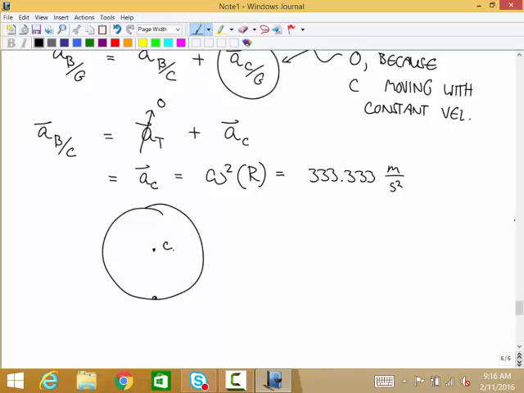There's the center. What's the direction of the centripetal acceleration? Yeah, toward the center. And so what is this in vector components? That's right. 0, 333. So that point's instantaneously at rest, but it has a big acceleration towards the center.